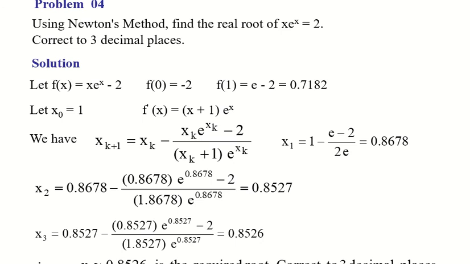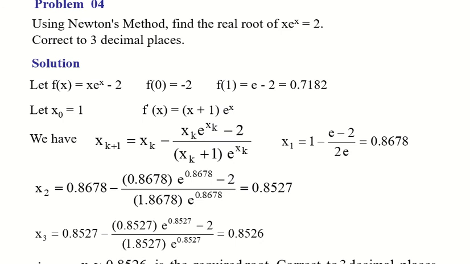Similarly you calculate x3. What is x3? x2 minus x2 e power x2 minus 2 divided by x2 plus 1 into e power x2. Wherever you have xk, substitute it as x2, the value which just now you got. Calculate, you will get 0.8526.